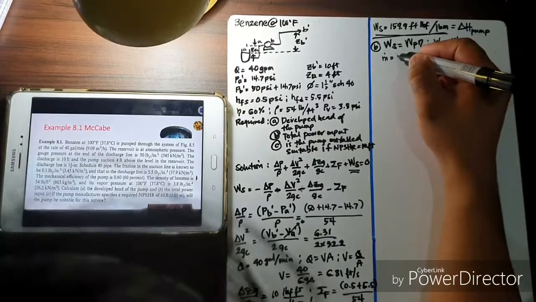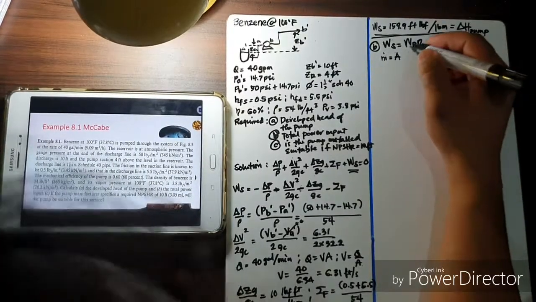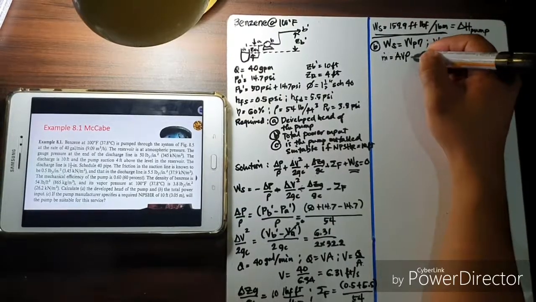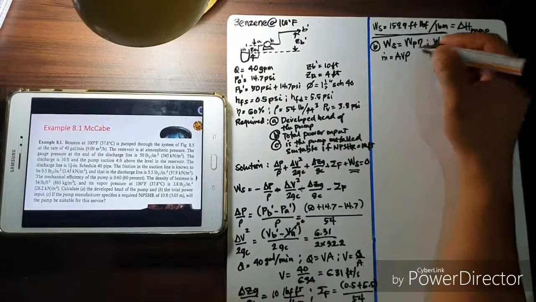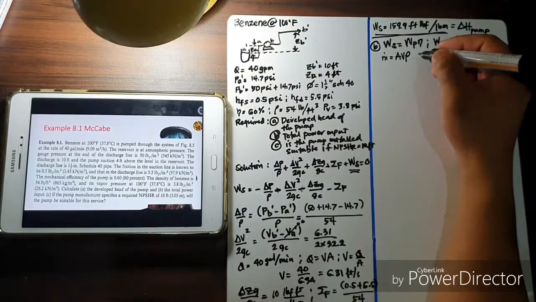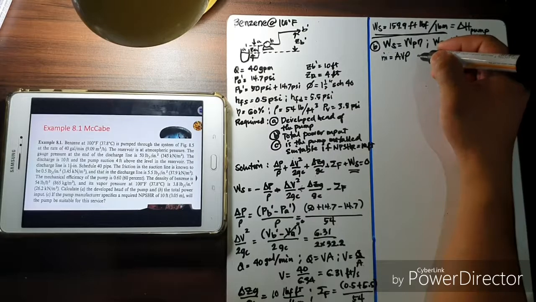Mass flow rate is the product of the area times velocity times density. And remember, velocity times area is your volumetric flow rate, so all we need to do is multiply this with the density.